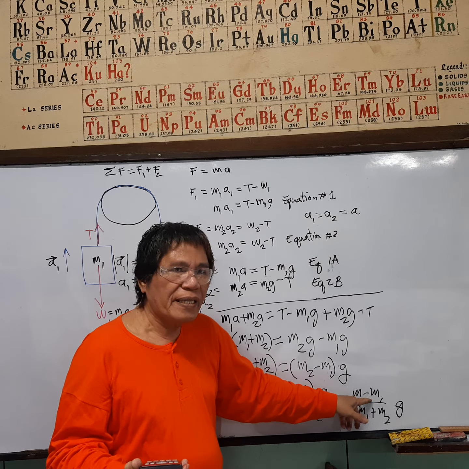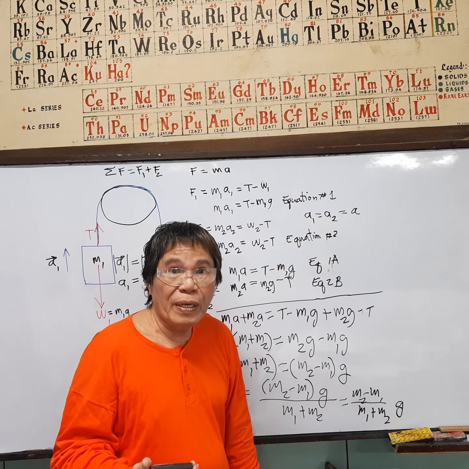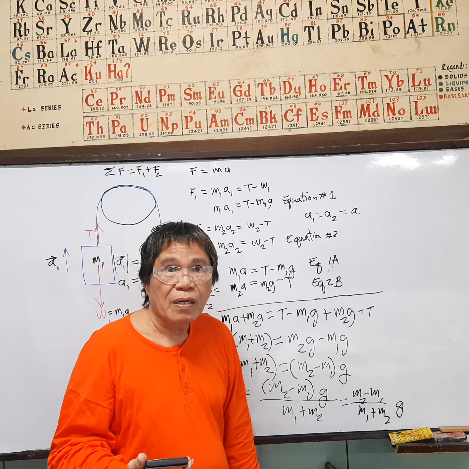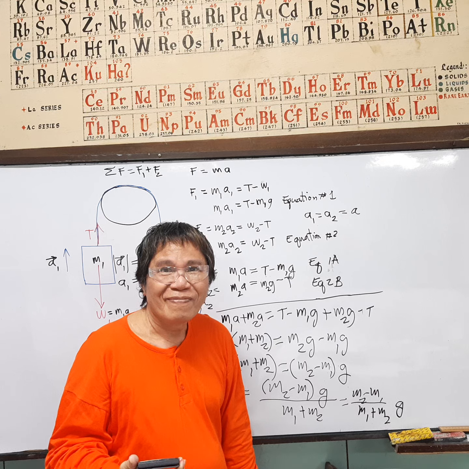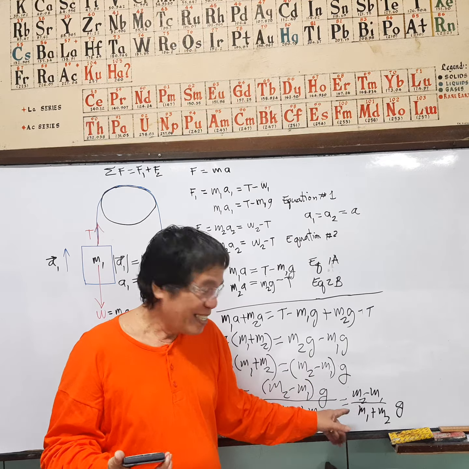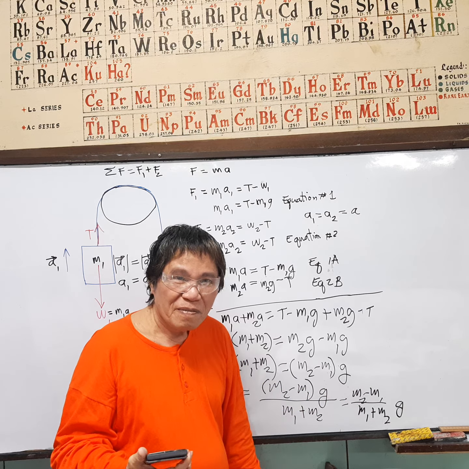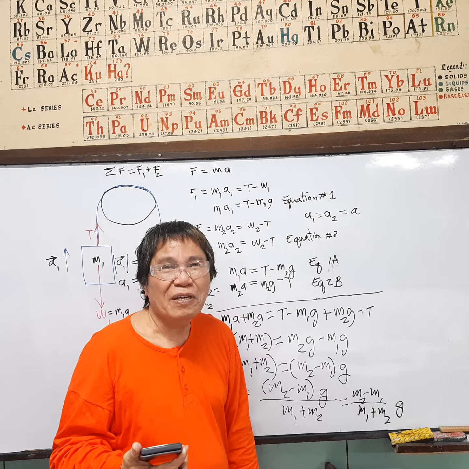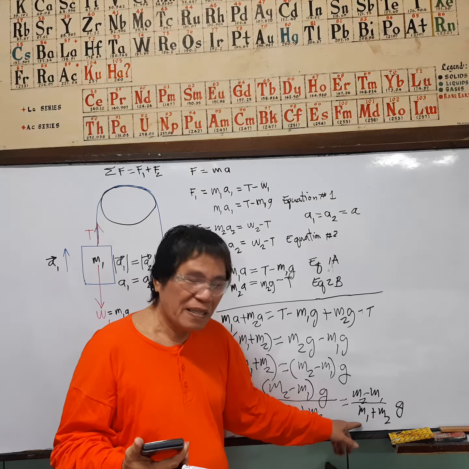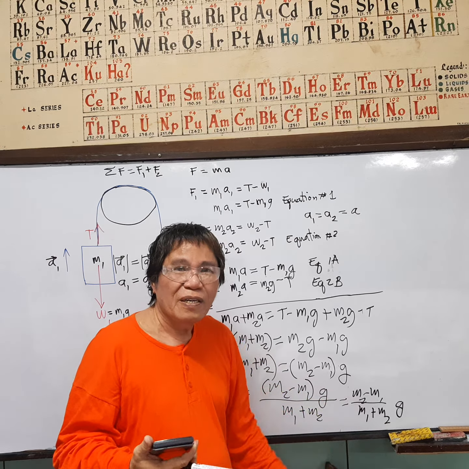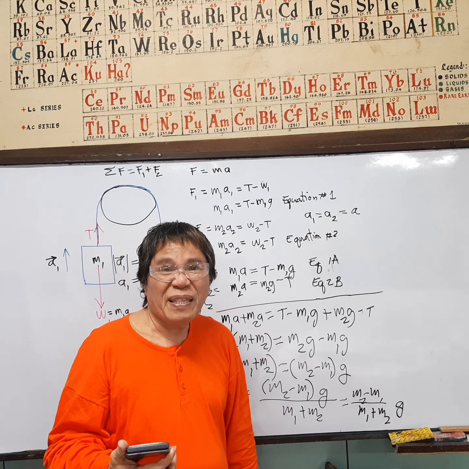So 1,000 minus 1,200, you will expect a negative acceleration. Why negative? Because the speed is decreasing until it stops. The result here is negative because M2 is 1,000 minus 1,200. You divide this, the negative divided by this remains negative, times G, 9.81. The final answer is a negative acceleration.